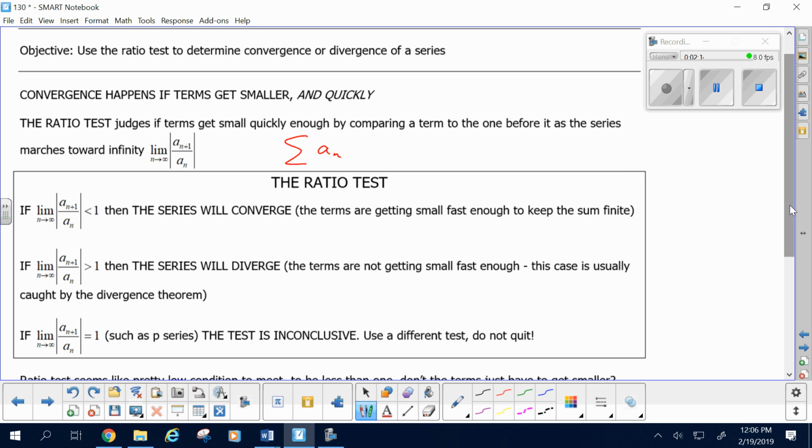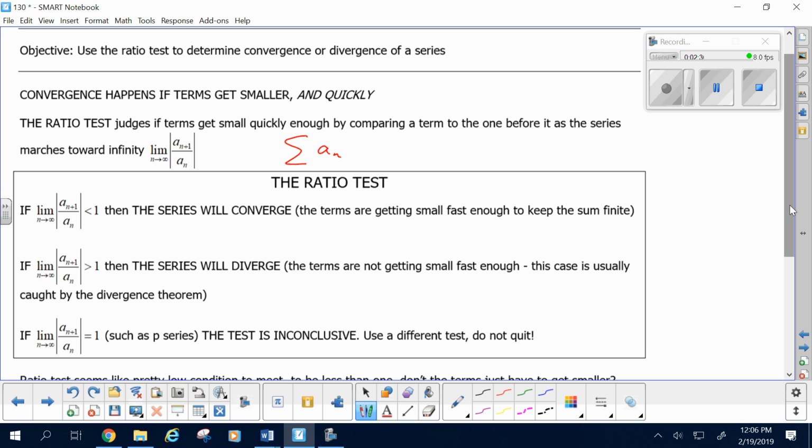If a later term is greater, that would mean diverging. And actually, I've got to be honest with you, if you check the divergence theorem, you usually never even see that case. That would happen when you weren't sure if it passed the divergence theorem, all right? So if a later term is greater, this ratio comes out greater than 1, it diverges.